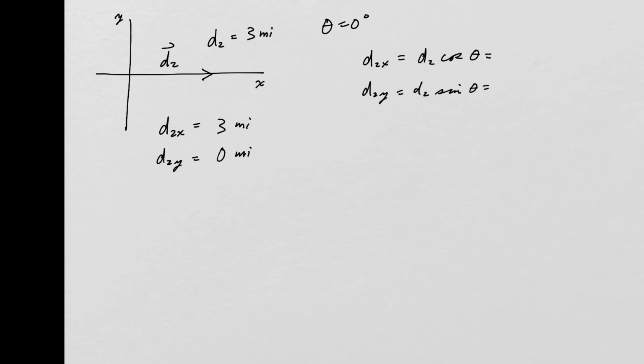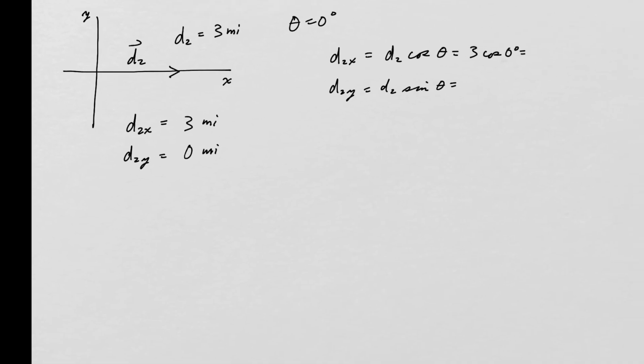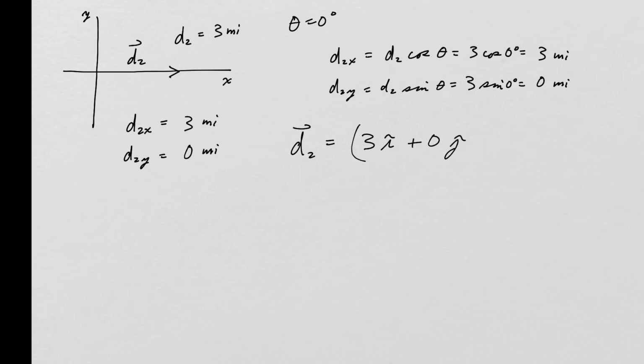So in this case, this would be 3 times cosine of 0. Well, cosine of 0 is 1, so this is going to be 3 miles. And then 3 times sine of 0 is 0, so this is going to be 0 miles. And you'll get exactly the same thing. So we know that d2 is going to be 3 i hat plus 0 j hat miles.